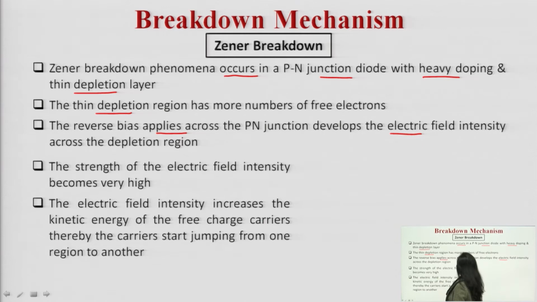The electric field intensity will be high here, depending on how much potential is applied. The intensity of the electric field developed across the depletion region increases the kinetic energy of the free charge carriers, so the charge carriers are now capable of moving, jumping from one region to the other.